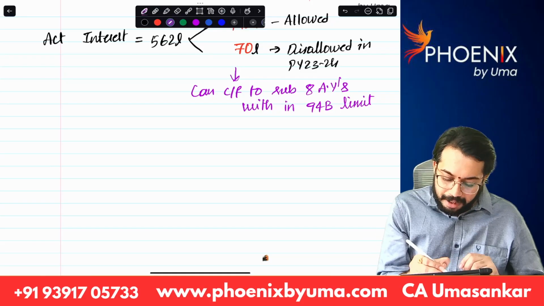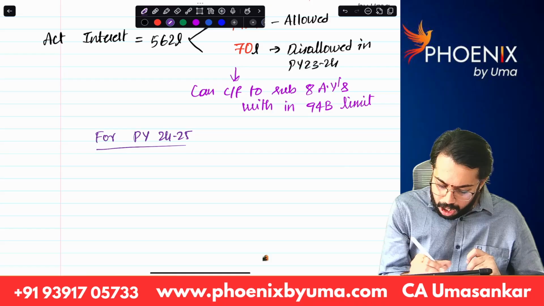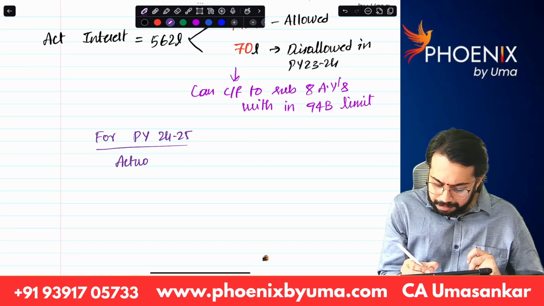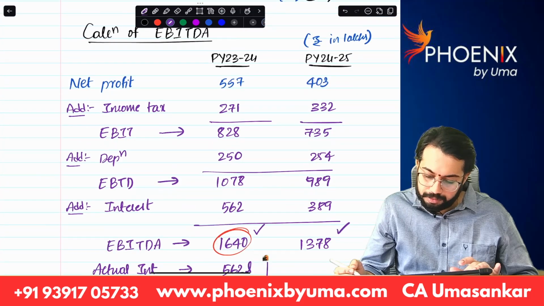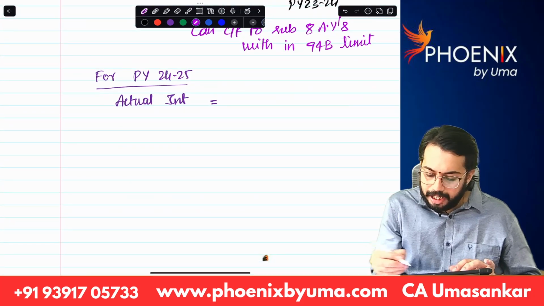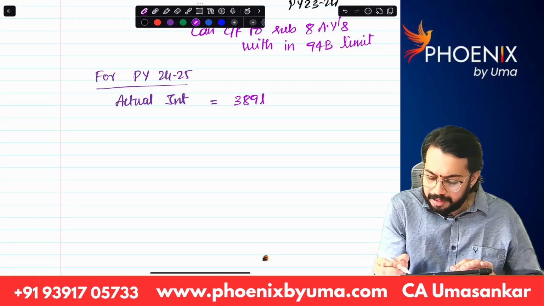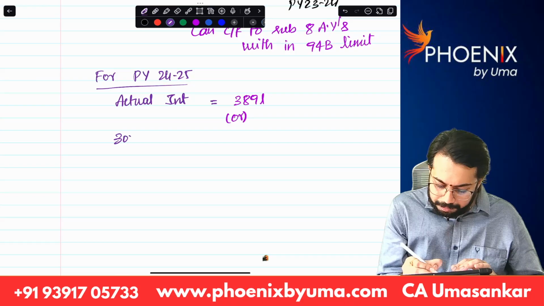Now, for previous year 24-25, how much is actual interest? Actual interest is 389 lakhs, correct? Actual interest 389 lakhs or 30% of EBITDA.